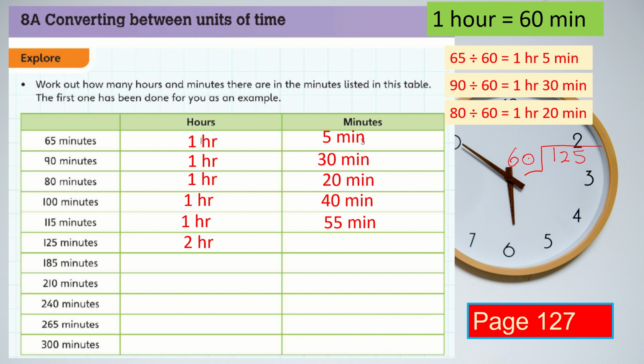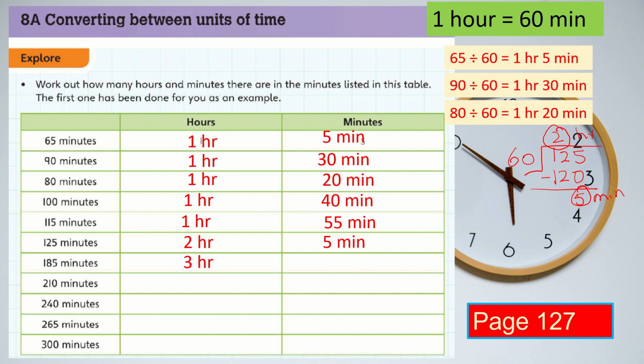No, it is not going with it. 6 twos are 12. Oh yes, you can find 12 here. So when you put a 0 with it, it will become 120. So 60 twos are 120. Now subtract them and you will get 5. So here 2 hours and 5 minutes.